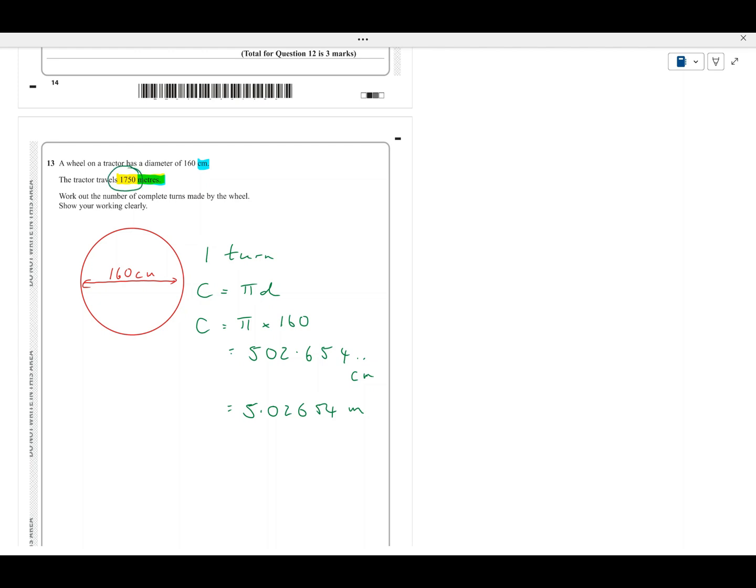And we want to know how many complete turns it will make if it's going this number of meters. So I'm going to do 1,750 divided by 5.02654. And I get 348 and a bit. So how many complete turns? 348.